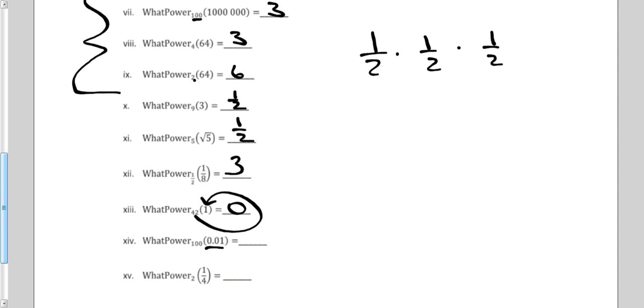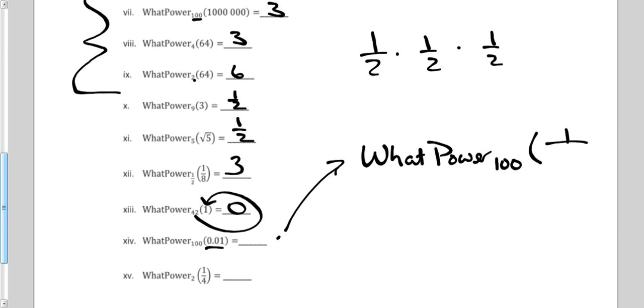1/100th, exactly. So this one is saying what power of 100 is 1/100. Now, let's refer to Rule 4 for some guidance in how to answer this. If I replace x with 100, what would be the power to get me that? 100 is, that's 100 to what power in the denominator?